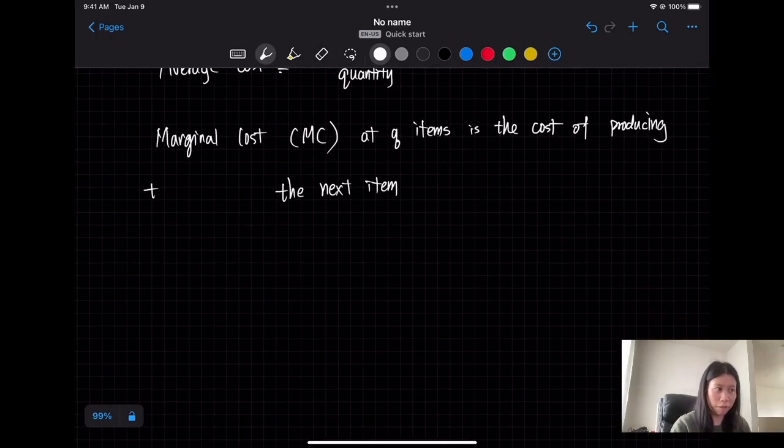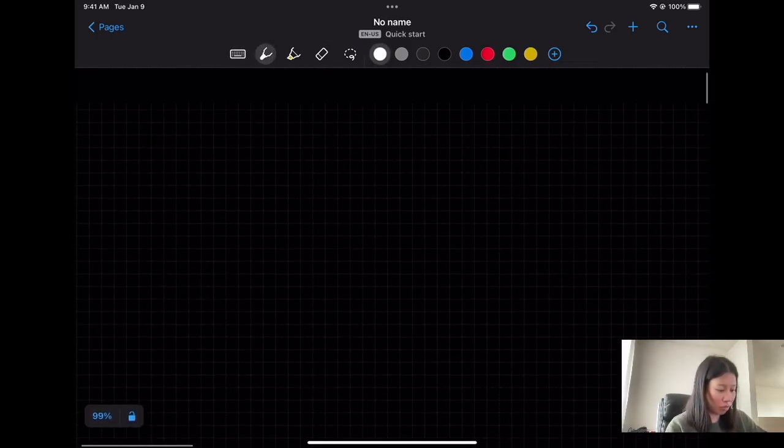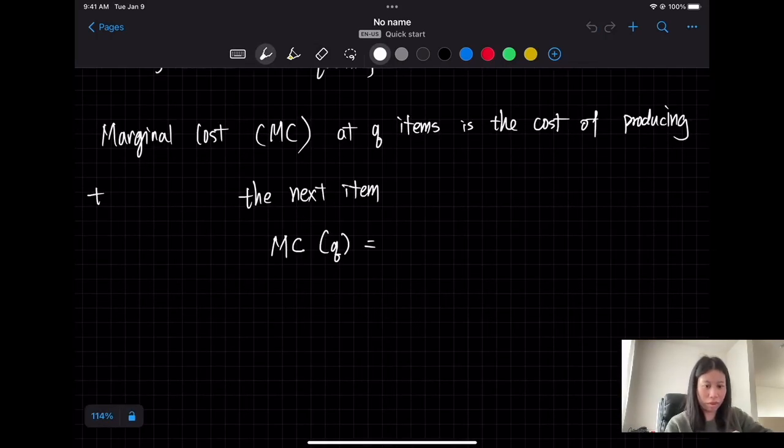So the marginal cost at Q items should equal the total cost when you're producing Q plus one items, minus the total cost for you to produce Q items.